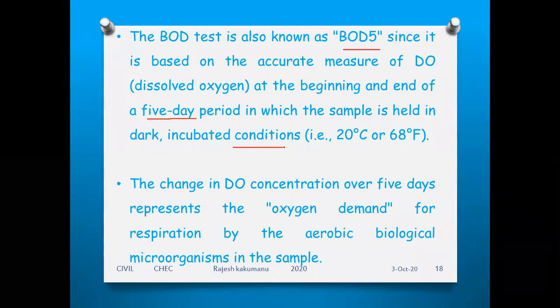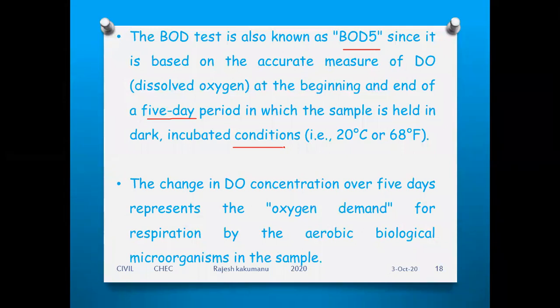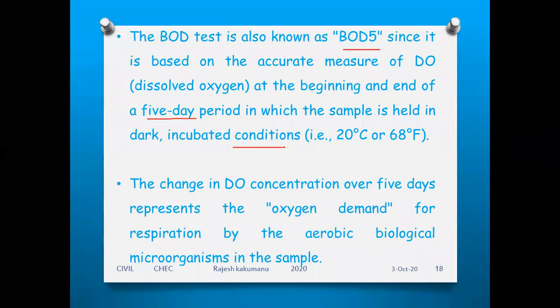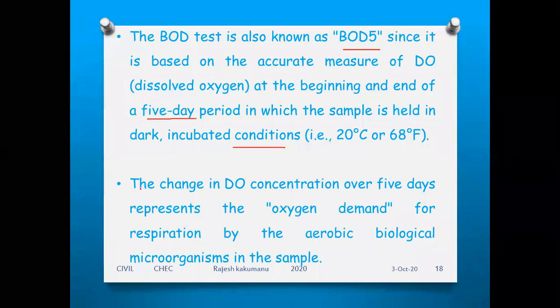And the sample is held in a dark place under incubated conditions, that is 20 degrees centigrade or 68 degrees Fahrenheit. So at this temperature, in a dark place, in incubated conditions, we do the BOD test. The other name of the BOD test is BOD5. 5 means a 5-day period.